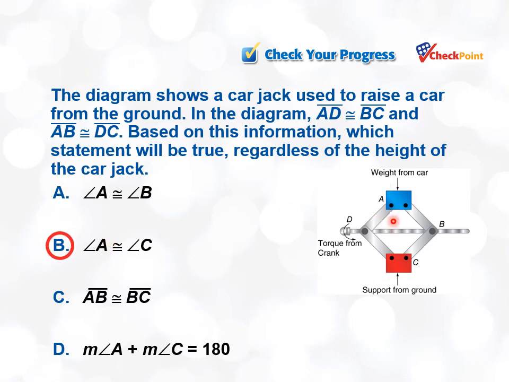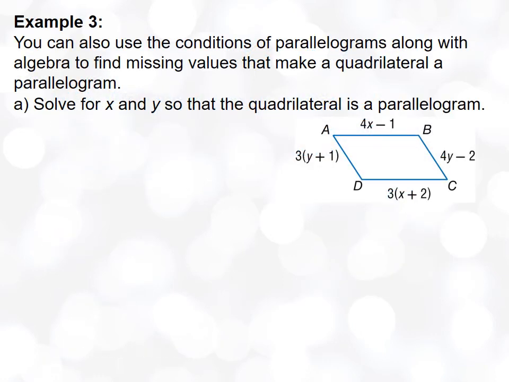They are opposite angles. Look at example 3. You can also use the conditions of a parallelogram along with algebra to find missing values that make a quadrilateral a parallelogram. So the first part of this question: solve for x and y so that the quadrilateral is a parallelogram. So first we are solving for x.